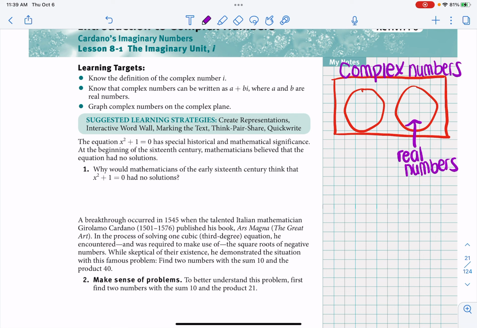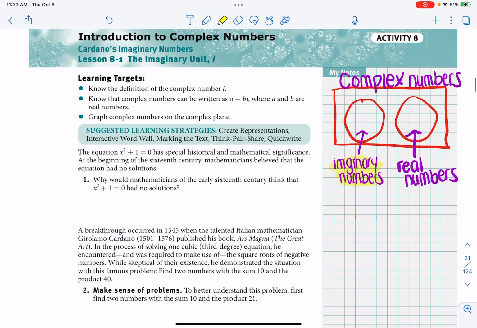What complex numbers are composed of are real numbers and what we call imaginary numbers. And these are the numbers that we are going to be talking about today. We're going to be talking about how to simplify them and also how to graph them.